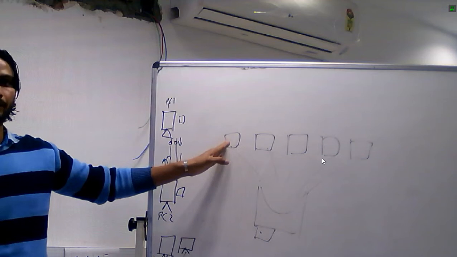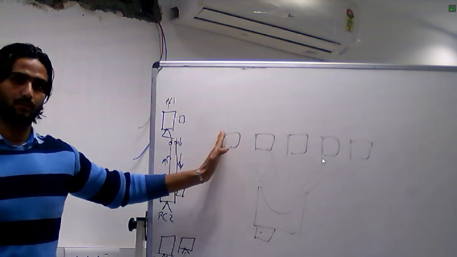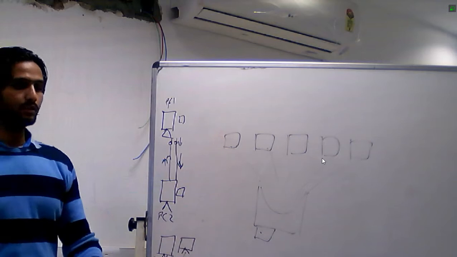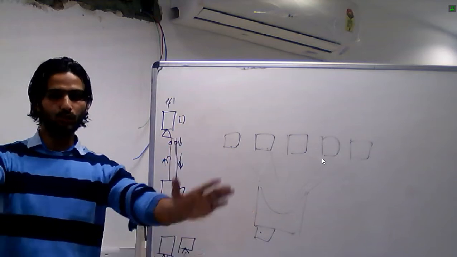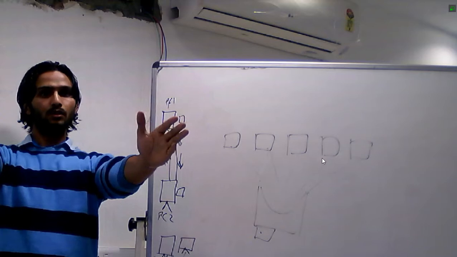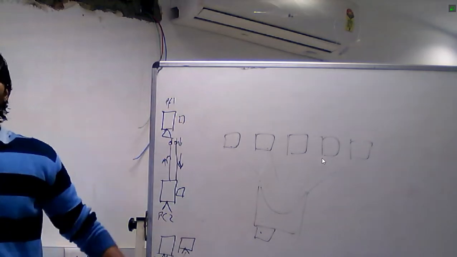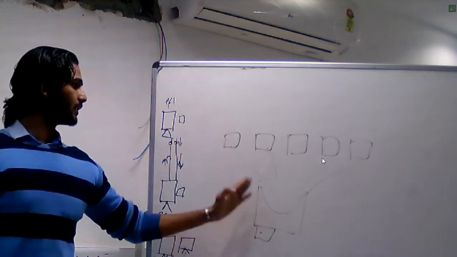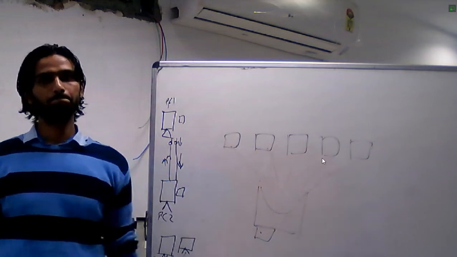So it will only send that packet to that person. You know where the destination is, and you have a dedicated road. You have to go on that road. That's it. So there will be no collision. So somehow it solved the problem of collision.